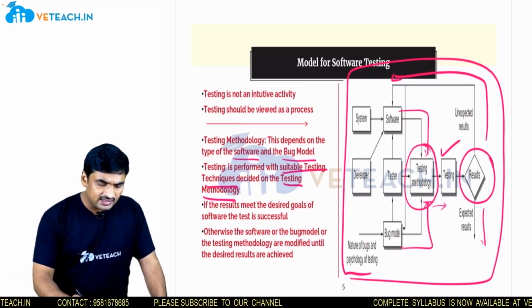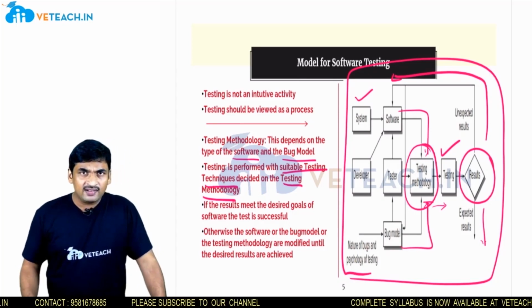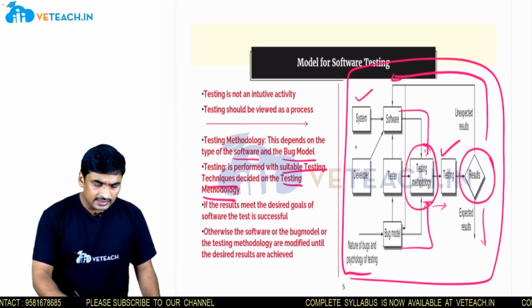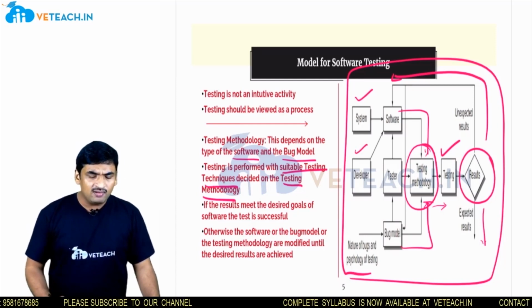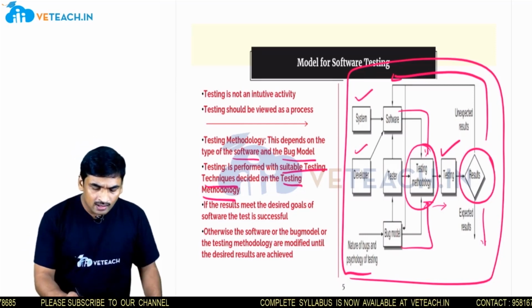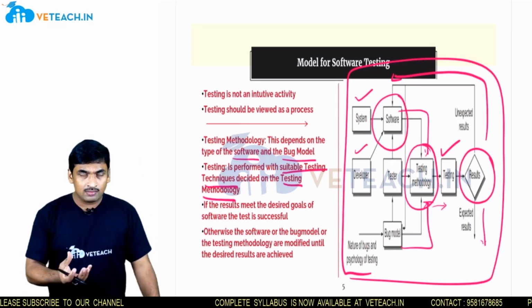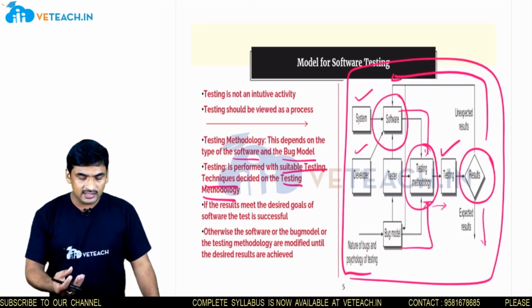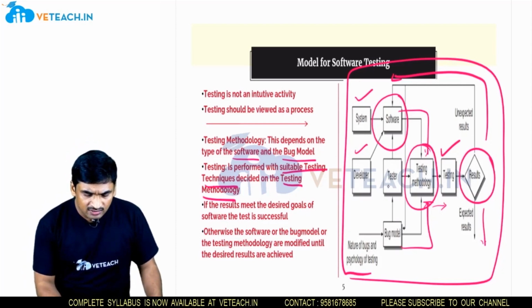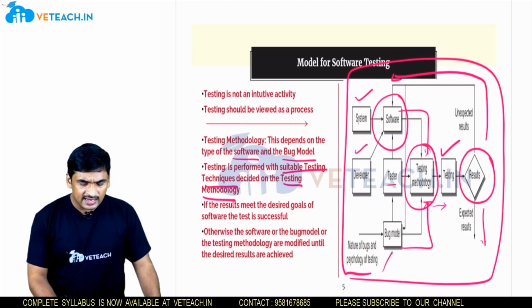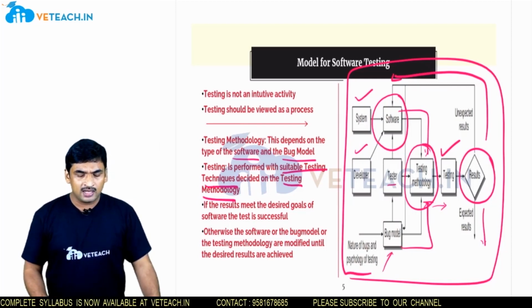So the entities here: system, the hardware or the software used to develop the corresponding product; developer, the individual involved in developing the product; software, the actual element that is developed, the actual product or part of the product; tester, the individual who performs the testing activity. Based on the criticality, we will classify the bugs, that is the bug model.